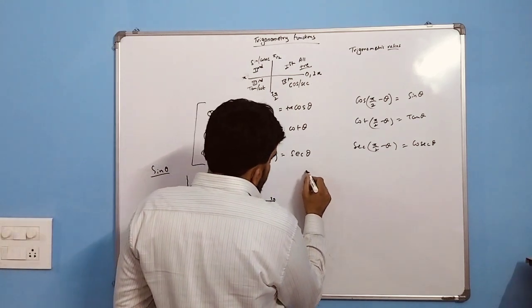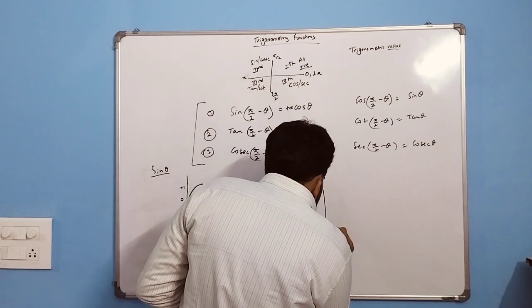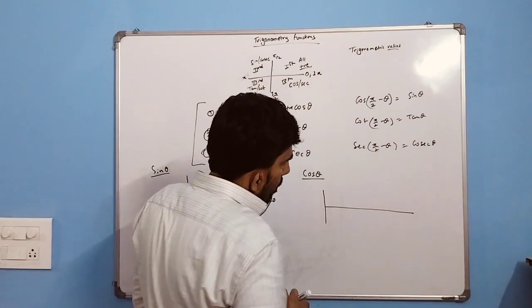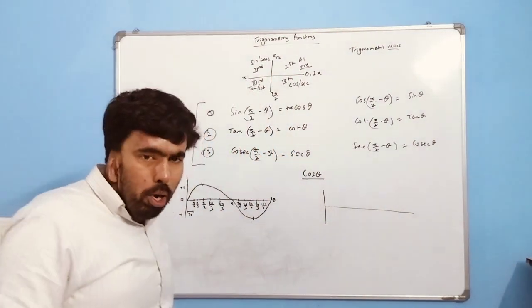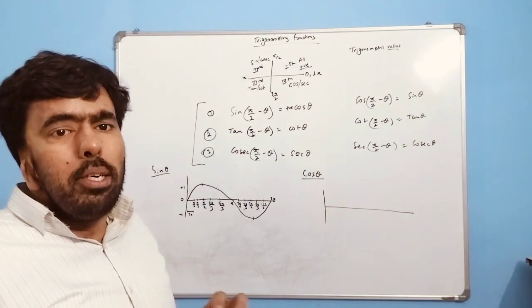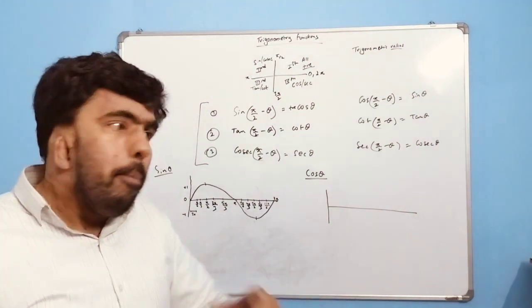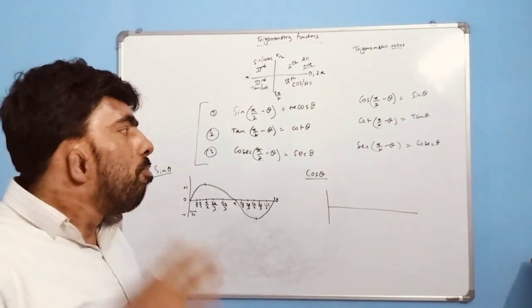Now we'll move to cos theta. We'll try to see how the graph of cos can be made. Okay, where is the maximum value and where is the minimum value, because we all know that the maximum value is at 0, since cos 0 is 1, but at cos 90 it is 0.